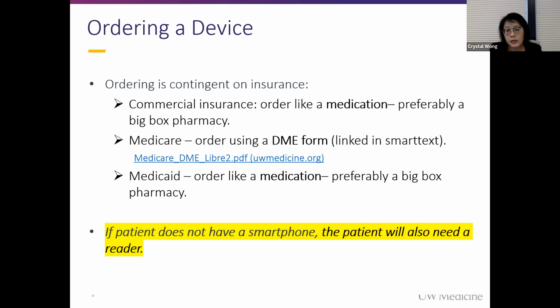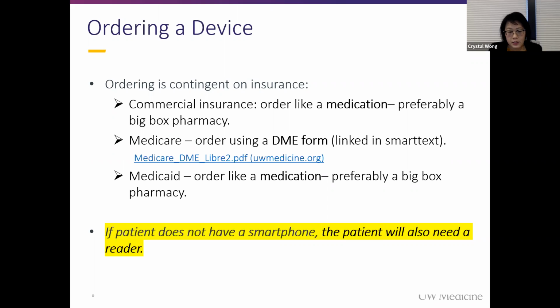If you're using the standard smart text for this program, it actually has a hyperlink that you can just click in the smart text and it'll pull it up. It's housed on the UWPC SharePoint site, but it's a PDF, and you can see that little hyperlink in the slide right here. You have to fill that out and give that to the patient. The patient also gives that form plus the prescription to their medical supply company.